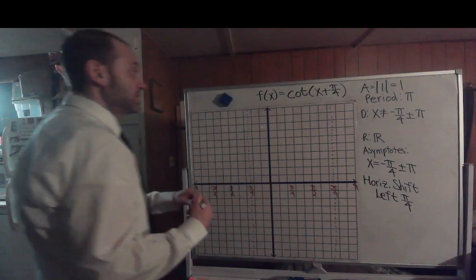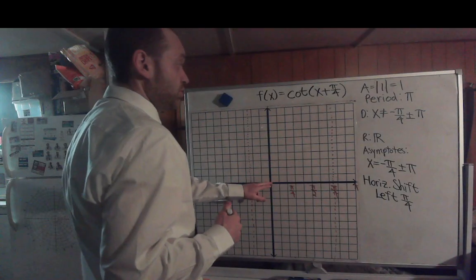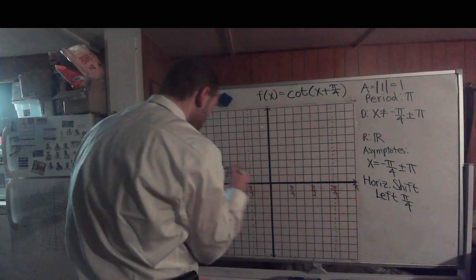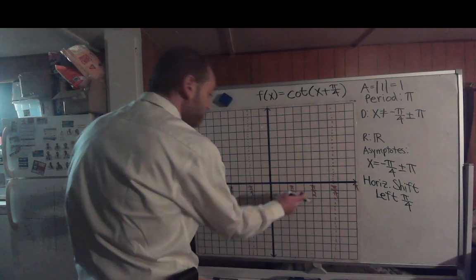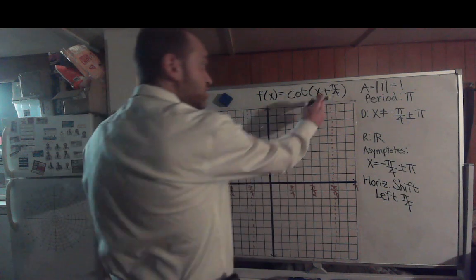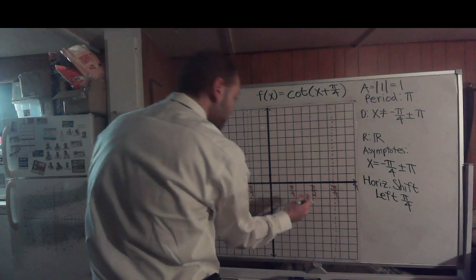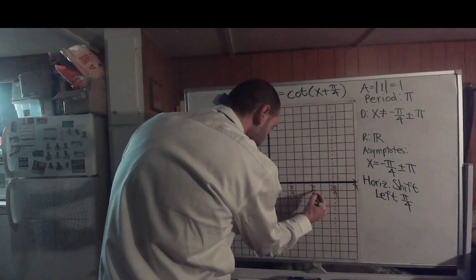Now let's draw this horizontally shifted cotangent. This time we can pick 0. So if you put in 0, you'll get the cotangent of pi over 4, which is actually 1. Wrong color marker. Alright, if we pick pi over 4, you get the cotangent of pi over 2, which is actually 0. If you pick pi over 2, you'll get the cotangent of 3 pi over 4, which is negative 1.